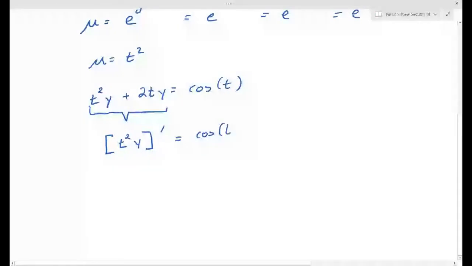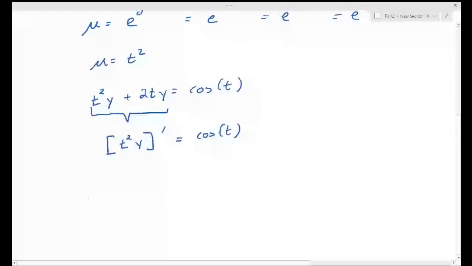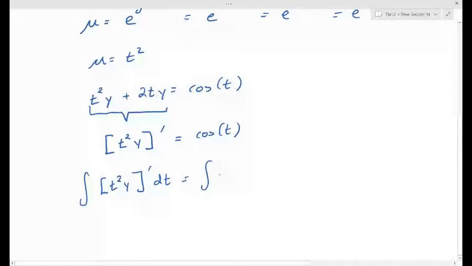It's the beauty of the design of that integrating factor. And so to undo that derivative, we just simply anti-differentiate both sides. We're finding the antiderivative with respect to the independent variable t.